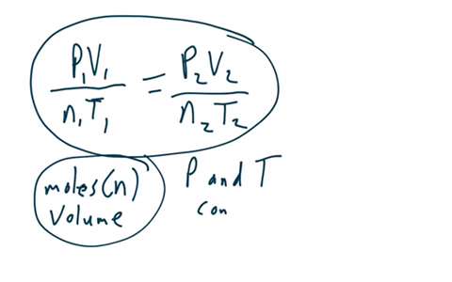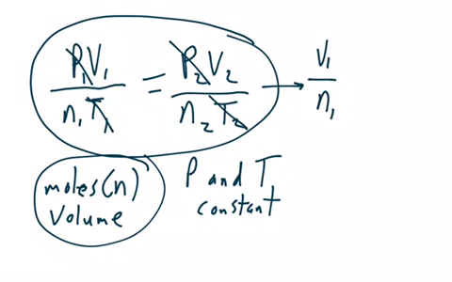Based on what I told you earlier, if you eliminate the constants, because P1 will be equal to P2, and T1 will be equal to T2, and you write what is left, you're going to get the formula that I showed you for Avogadro's law, which would look like this.